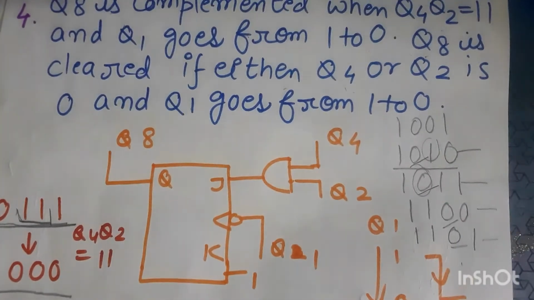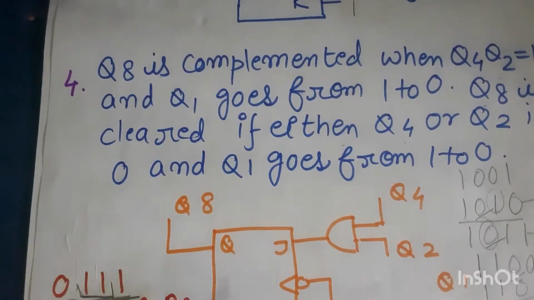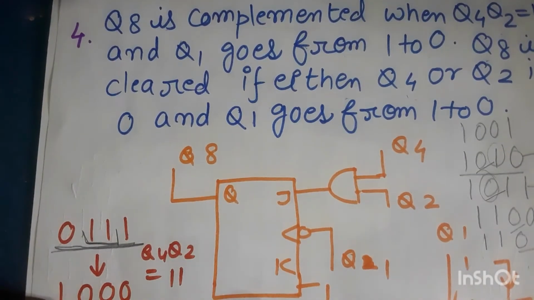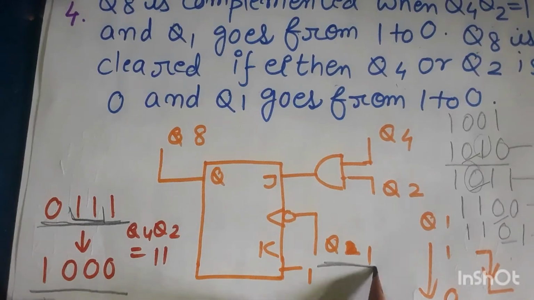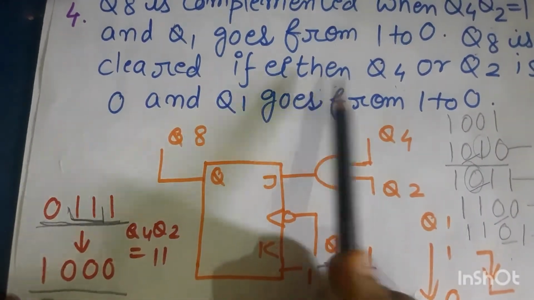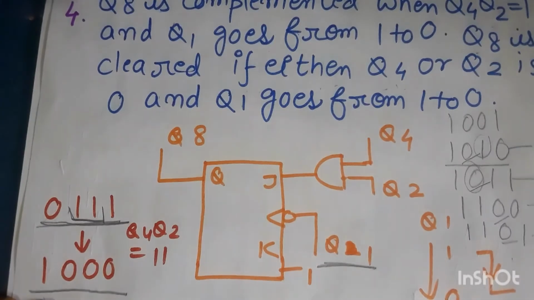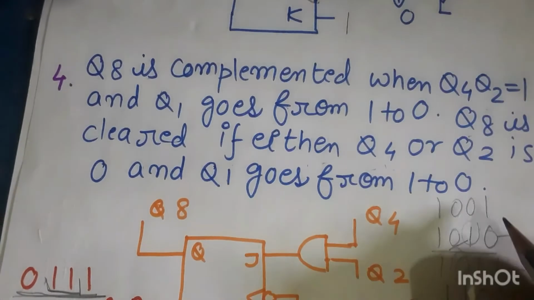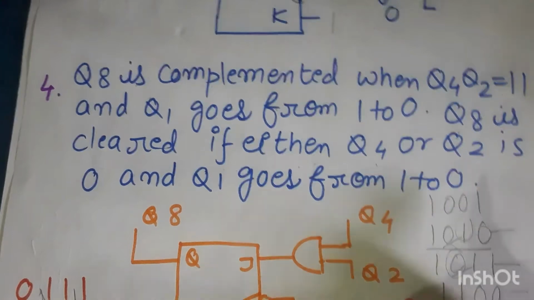So how have we put it here? This is the JK flip-flop, and this is the clock input. The clock input is connected to Q1. Q8 is cleared if either Q4 or Q2 is 0 and Q1 goes from 1 to 0. So we have to nullify all those conditions.